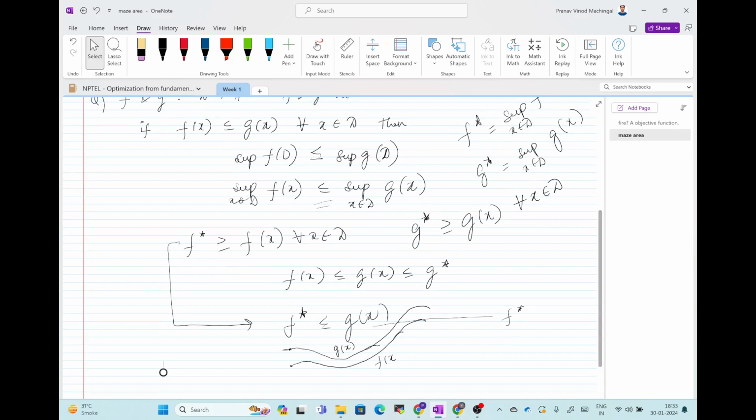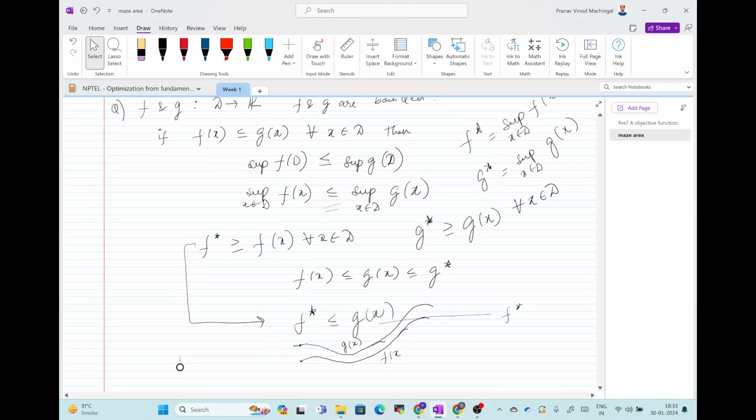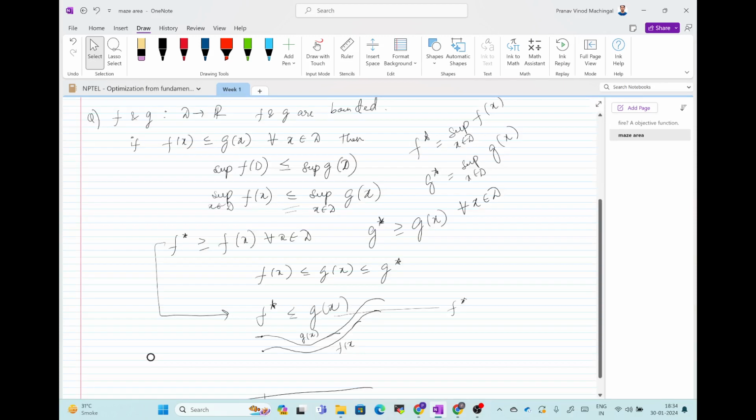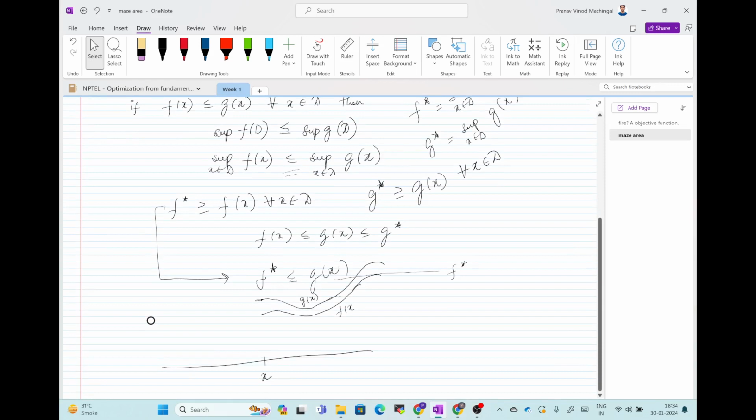Then how do we go about answering this question? I think one easy way to answer, I'll tell you, is when D is compact.